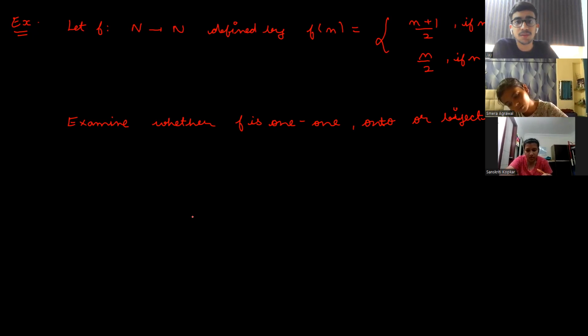Acha, what about this question? Is it 1 1, onto, bijective? It's not 1 1. That means it's not bijective as well, right? Yes. Okay. Why not 1 1? Because from 1 we are getting 1, 2 also we are getting 1. All right. What about onto?